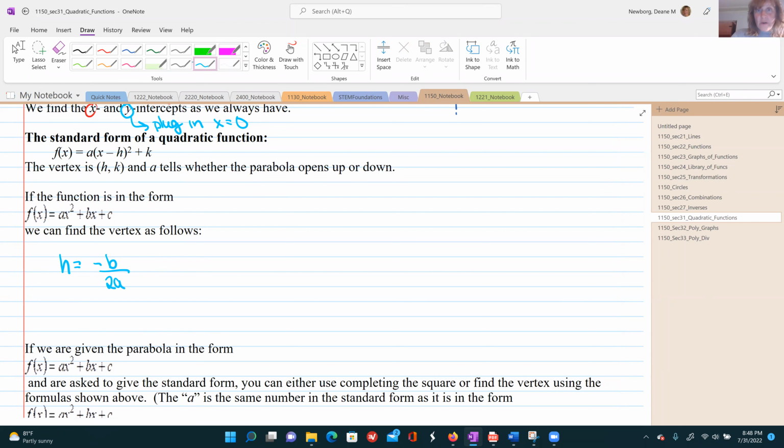If you remember the quadratic formula, x equals negative b plus or minus square root b squared minus 4ac all over 2a, it's right there in the quadratic formula. You just leave off the plus or minus square root part. It's the negative b over 2a, just that part. So that's the x coordinate of the vertex.